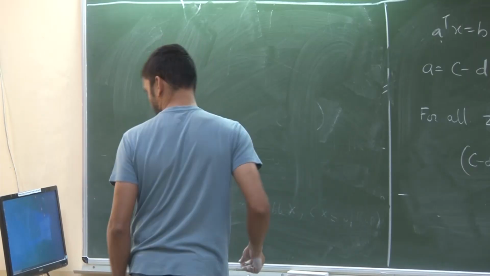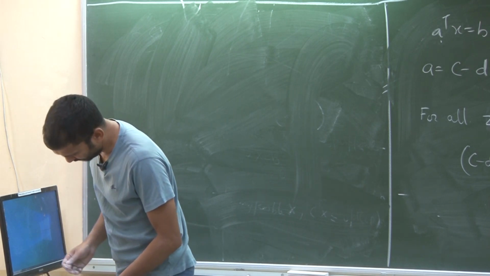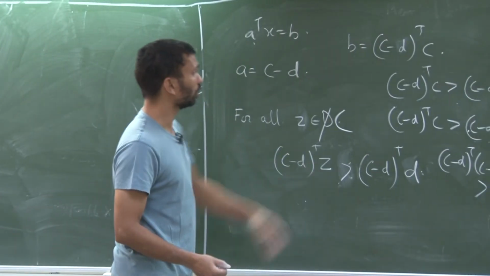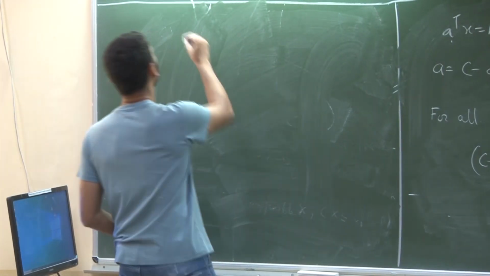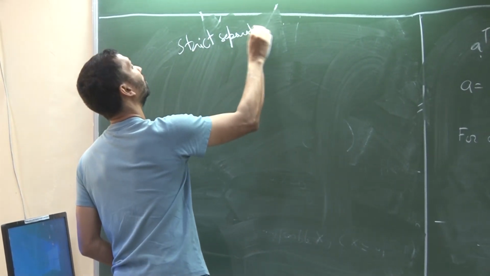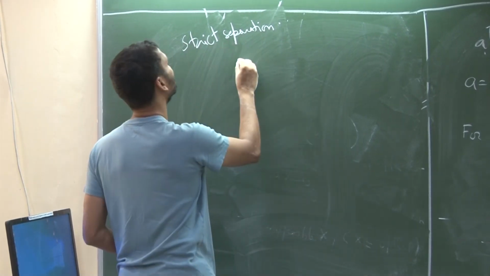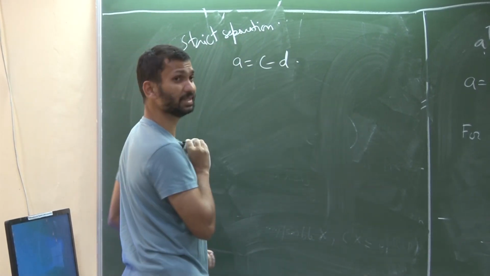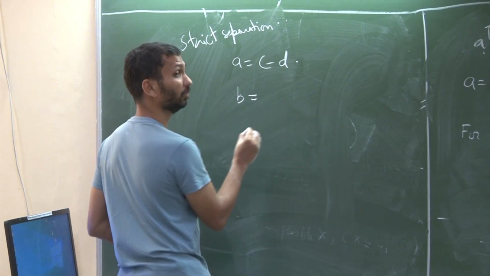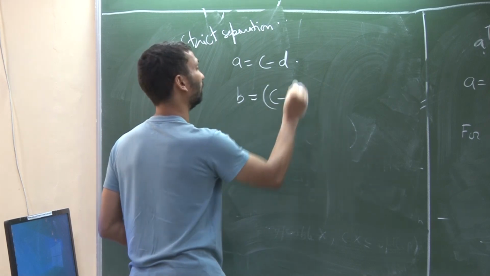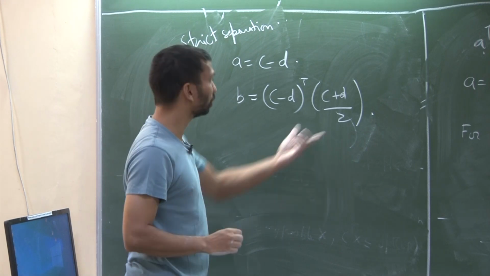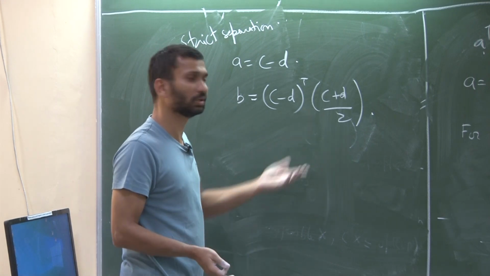So I will finish now with few more separations. Okay, by the way, I think this was already said, but if you want to make a strict separation, in this case, your A will be C minus D, and your B would be, because you know that C plus D by 2 is the midpoint, right?